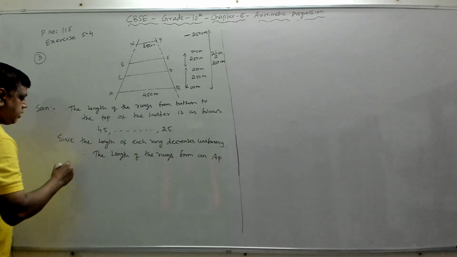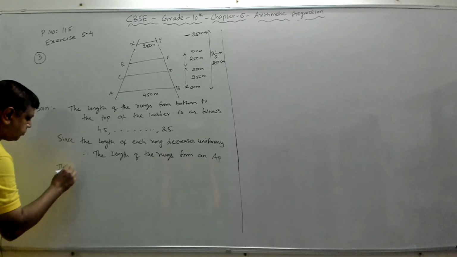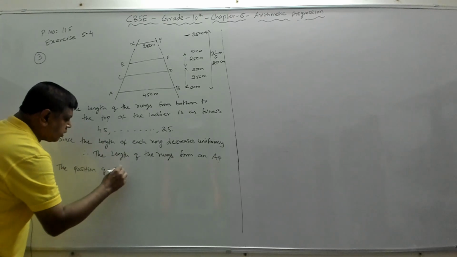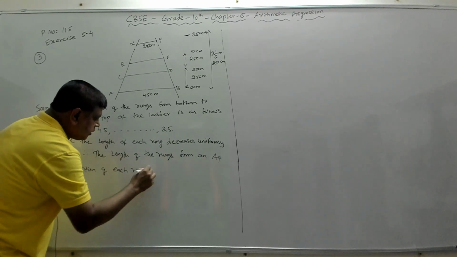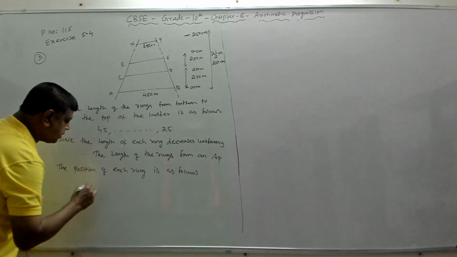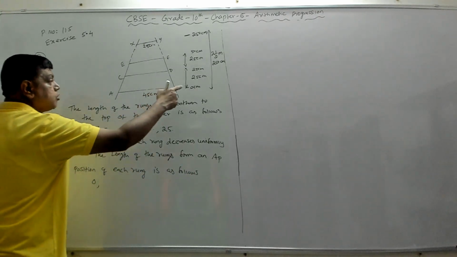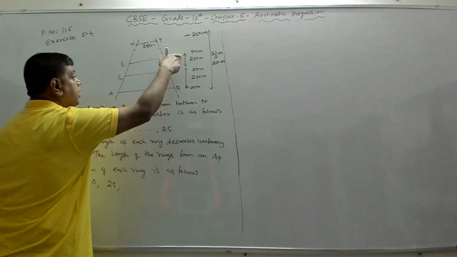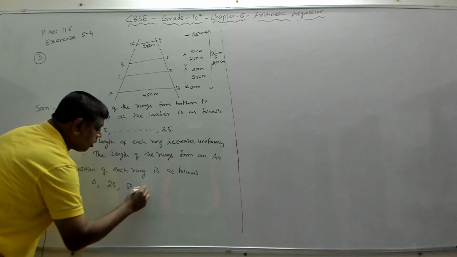Now we will say again, the position of each rung is as follows. What is the position of each rung? The first rung is at the position of 0 centimeter. The second rung is at the 25th centimeter. The third rung will be at the 50th centimeter, and so on.